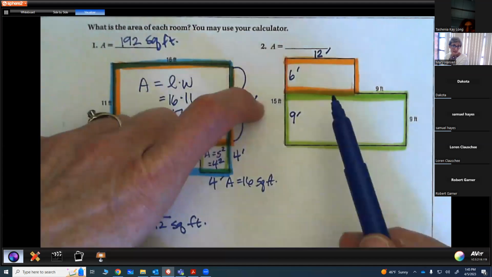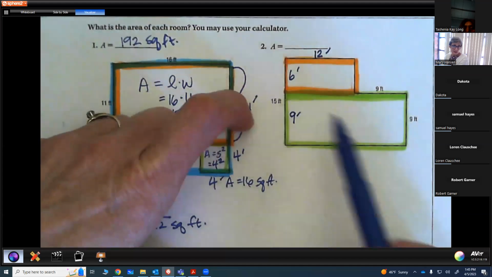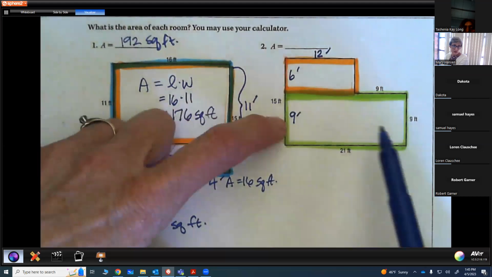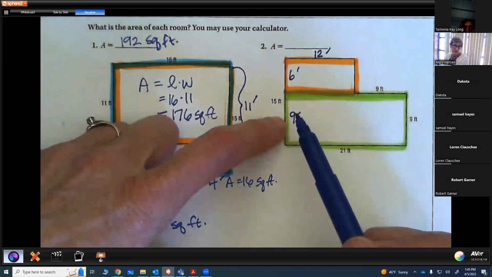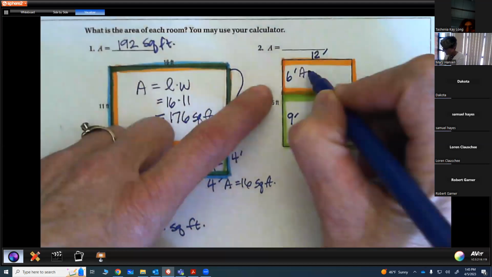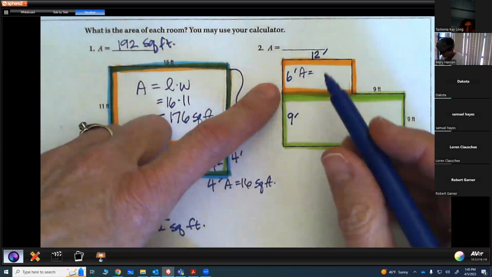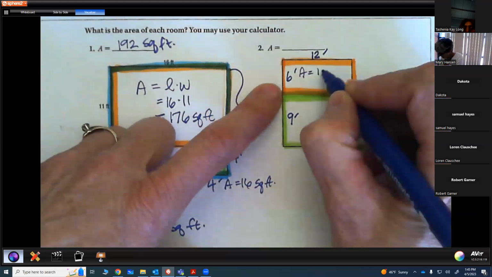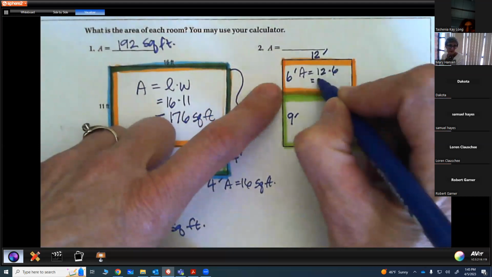And I got the 6 because this piece is 9, just like this one, and 9 plus 6 is 15. And so the area of the orange rectangle would be 12 times 6, or 72.